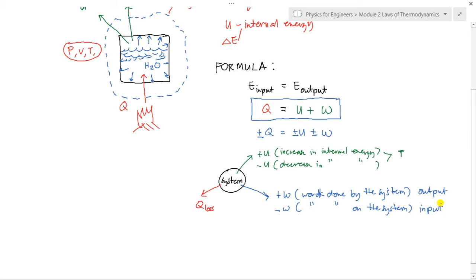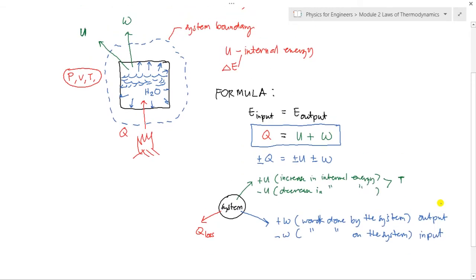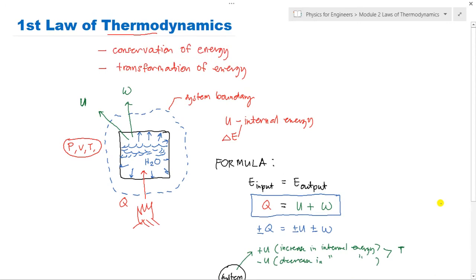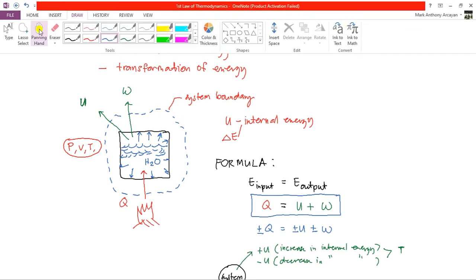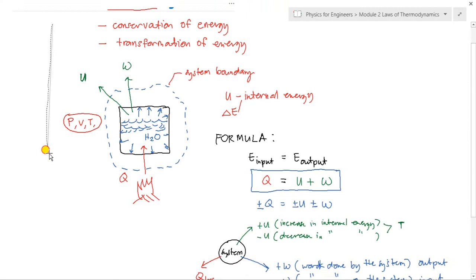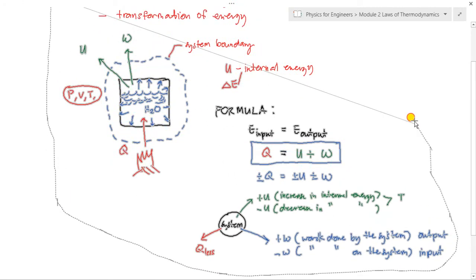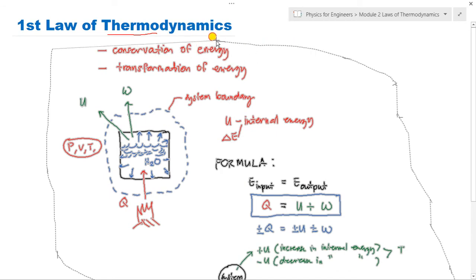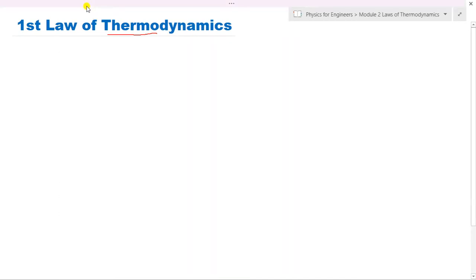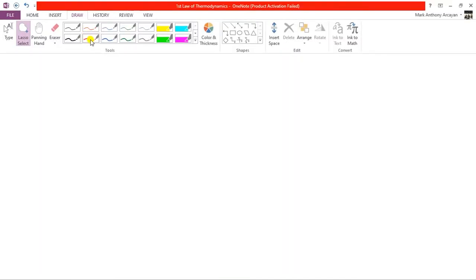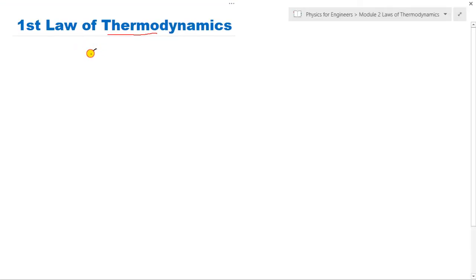Okay? So that is the basic formula for our first law of thermodynamics. But in the first law of thermodynamics, we're going to talk also about the processes. There are many processes, because just by looking at the basic formula, let's go back: Q is equal to the internal energy plus the work.